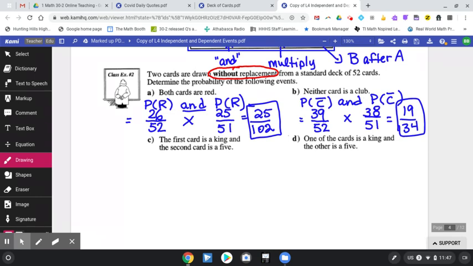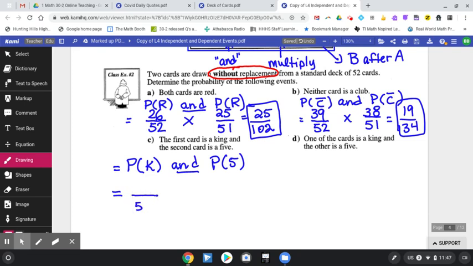Question C, the first card is a king and the second card is a 5. So our planning or our setup step, probability of a king and probability of a 5. So really walk yourself through this. You're sitting there, there's a deck of cards. I'm going to make my first draw.